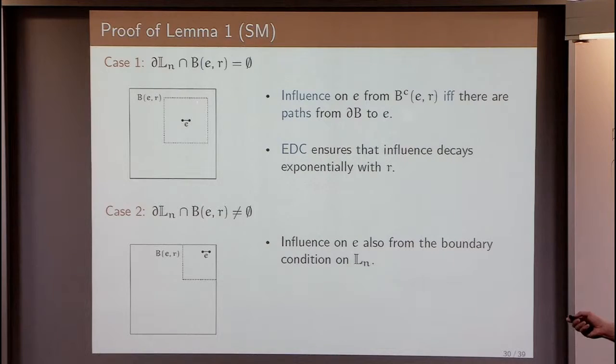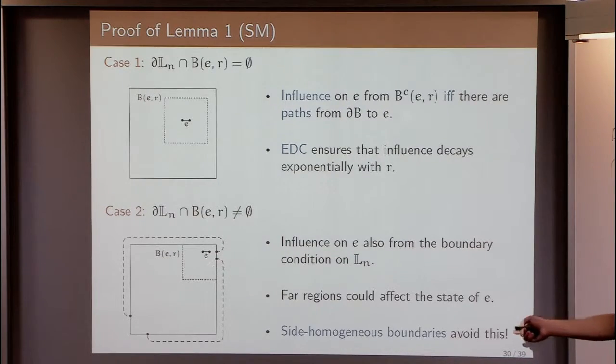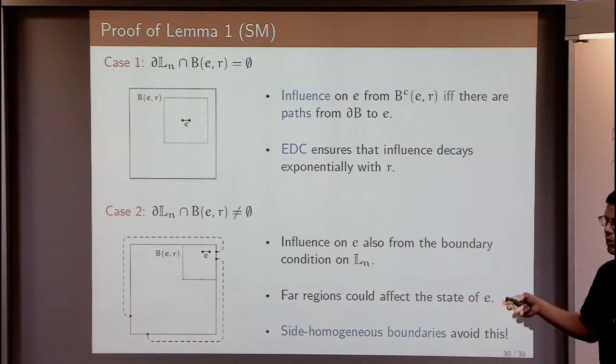So what I mean is that depending on the kind of boundary conditions that you have in the bigger box, you may or may not have spatial mixing in the whole box. And it's this effect here that because boundary conditions can actually connect these kinds of vertices, you can take influence from far regions to regions close to it just using the boundary condition of the outer box.